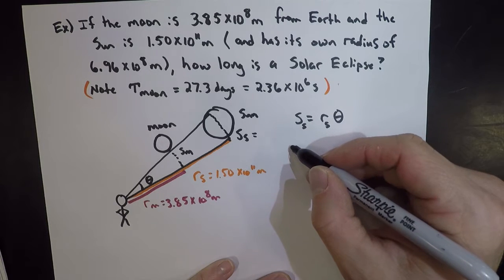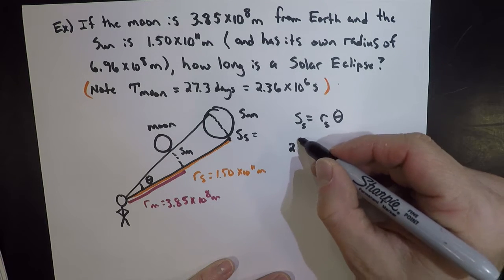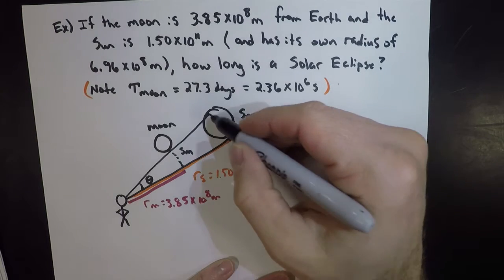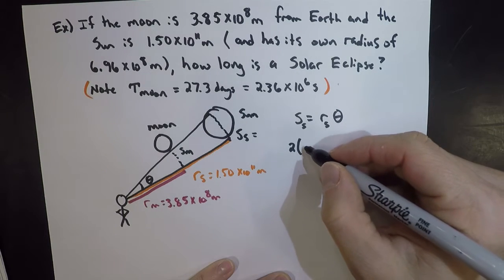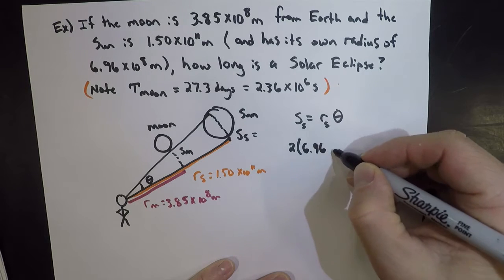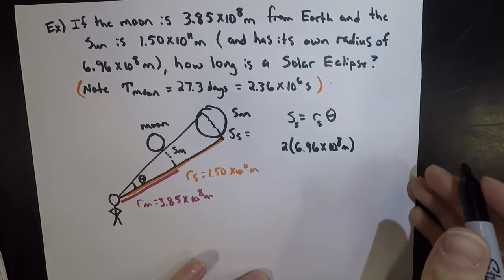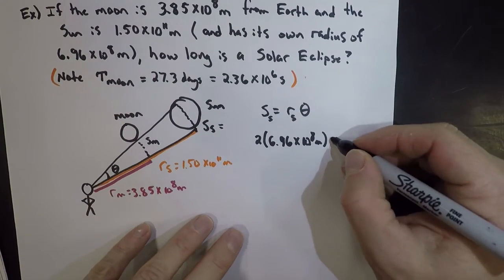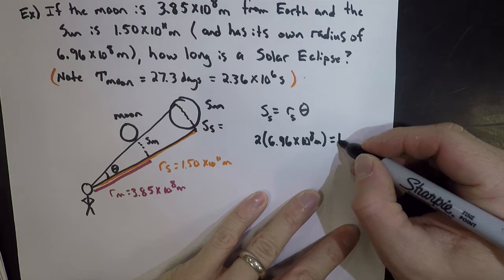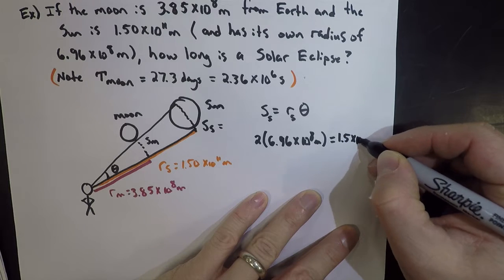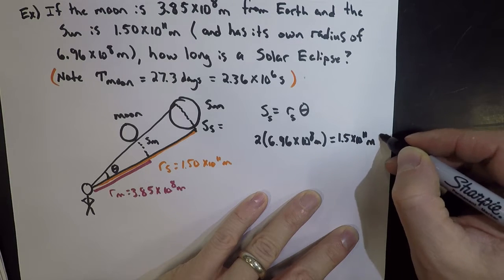So in this case, S of the sun is going to be 2 times the sun's radius. So it's the diameter of the sun. The sun's radius is 6.96 times 10 to the 8th meters. My radius, distance from the sun, is 1.5 times 10 to the 11th meters.